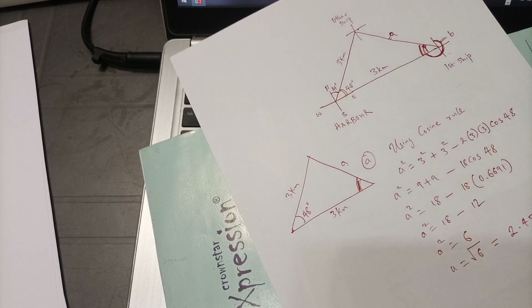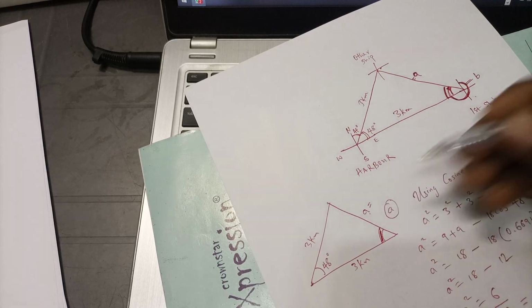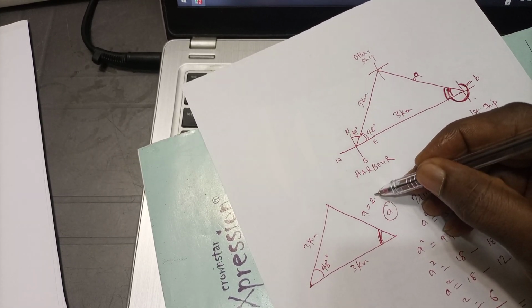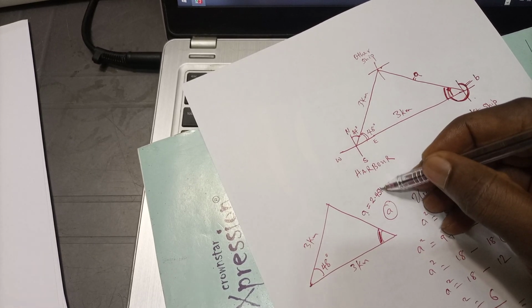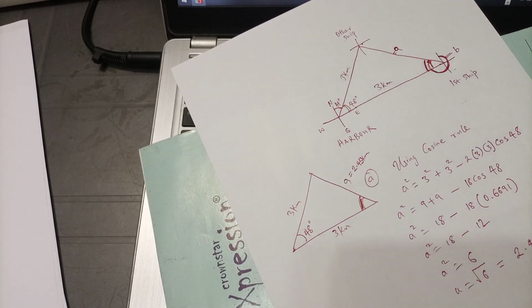Okay, now if you have a triangle and you know this side to be 2.45 kilometers, you can use the sine rule. Relate this to this and this to this.